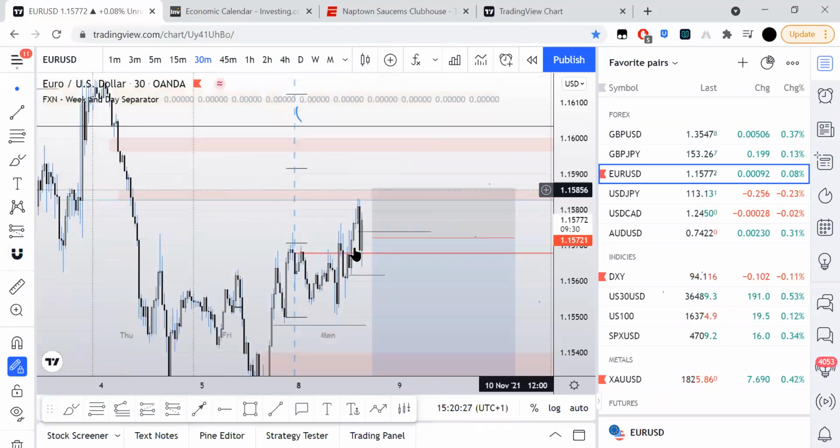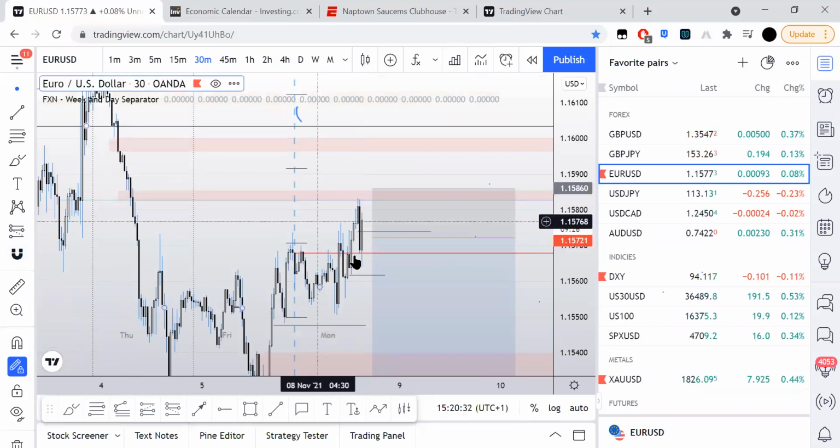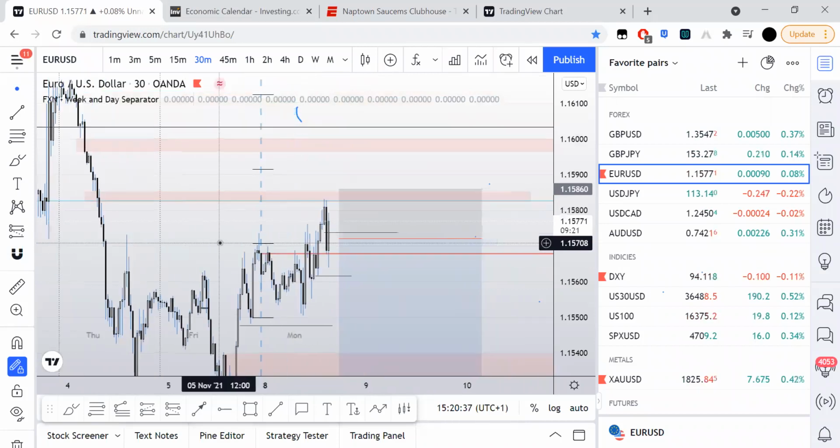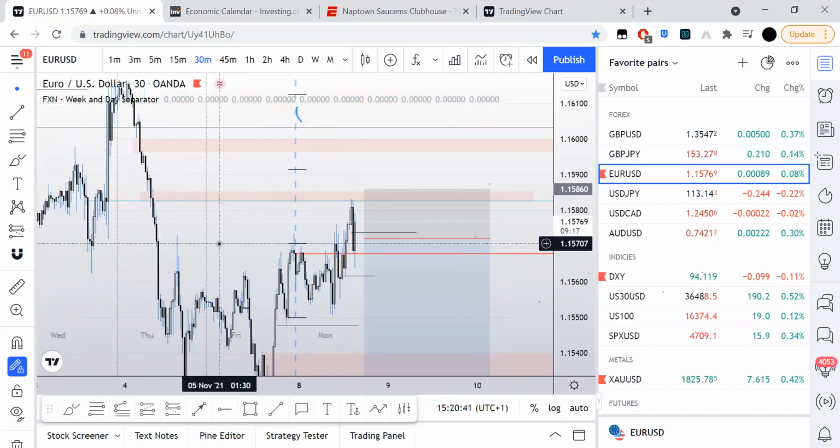So it came and bounced off the weekly open price. It's coming up a little bit. Yeah, weekly open prices and daily open prices have a lot of sensitivity on them. You'll see a lot of reaction at those prices.